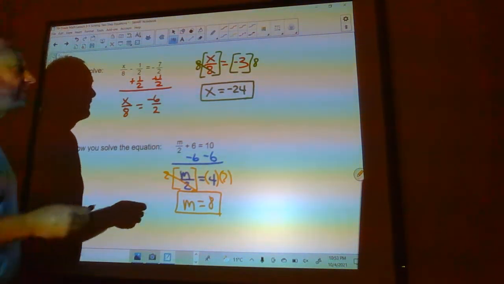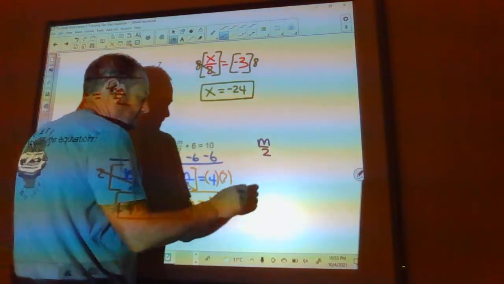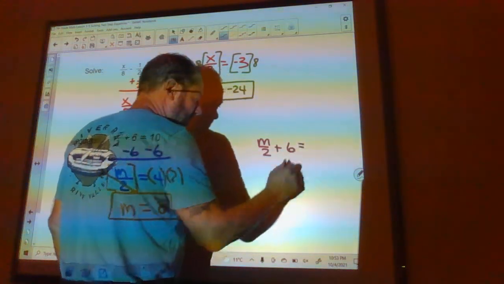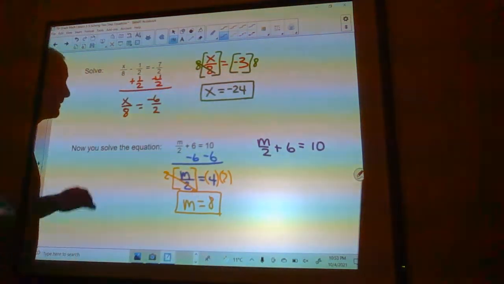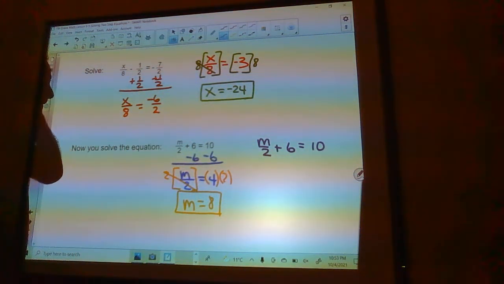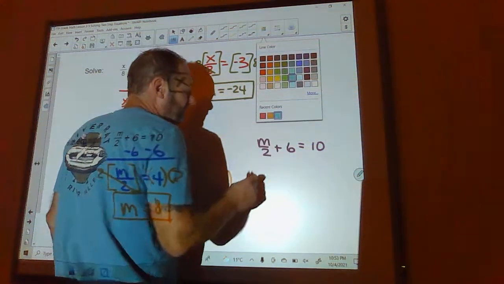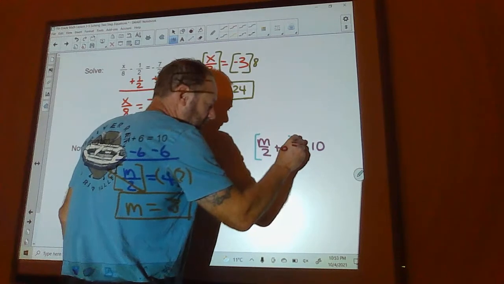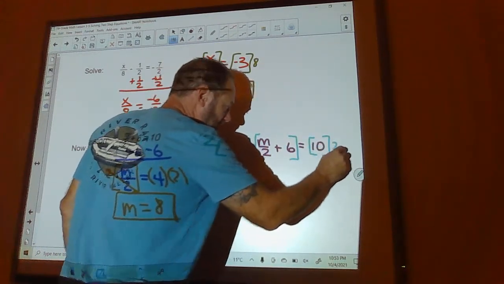Okay, now there is another way you could do this problem. If you multiplied this by 2 to start with. You can do it that way, but you got to make sure you do it right. So if you're going to multiply by 2, you got to multiply the entire equation by 2.